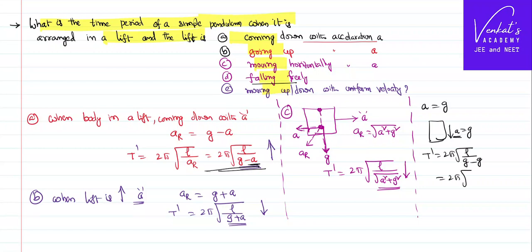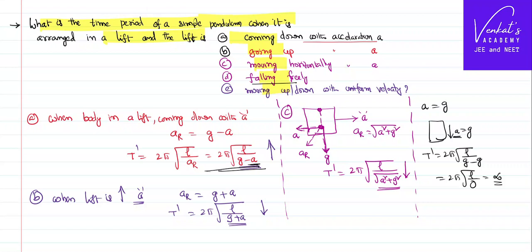So 2 pi into root of L by 0. Something by 0 is infinity. So it will have an infinite time period. This pendulum has an infinite time period, which means it will never be able to complete its oscillation.